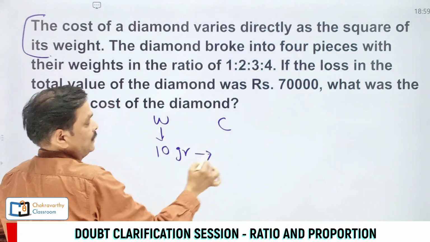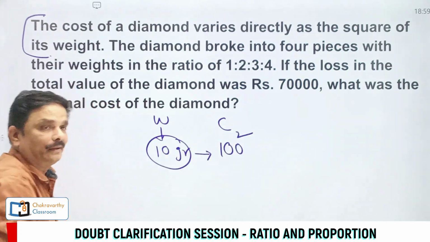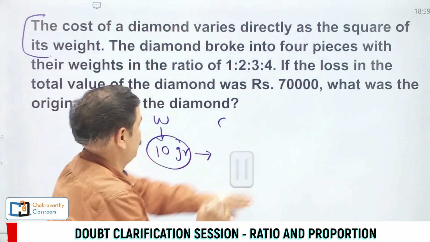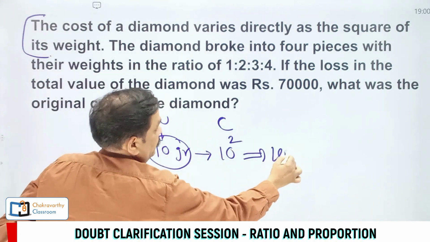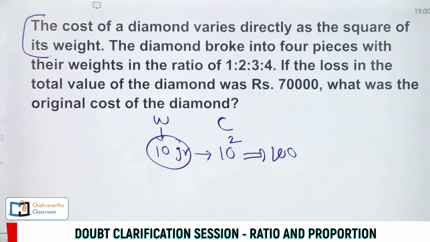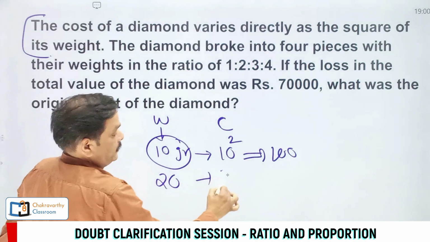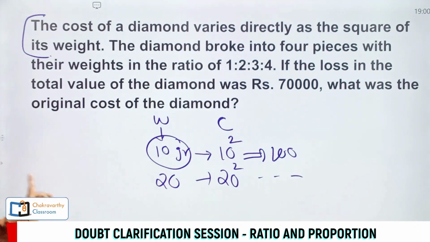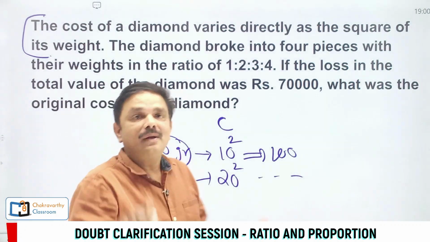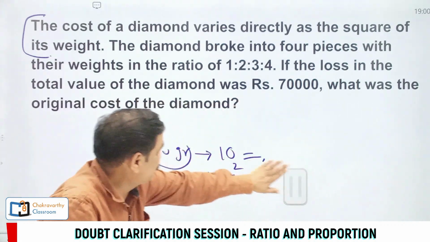That means the cost will be the square of its weight, that is 10 square, so that is 100. Similarly, suppose the weight is 20 grams. Obviously, the cost is 20 square and so on. Now we got the point. Cost is directly proportional to the square of the weight of the diamond. Okay, this is what they have given as the first statement.